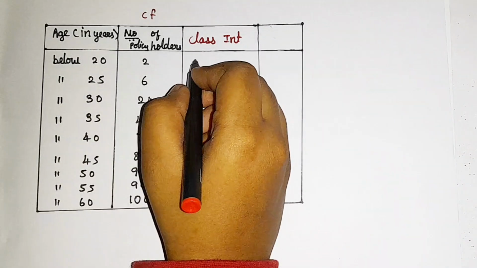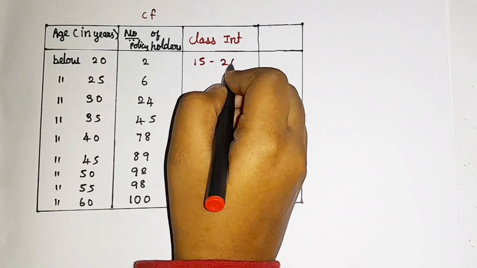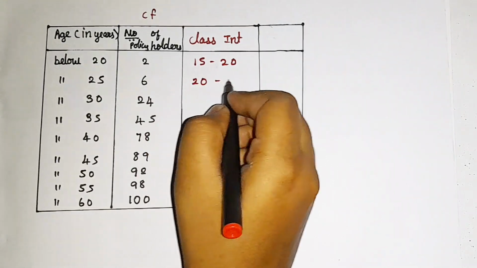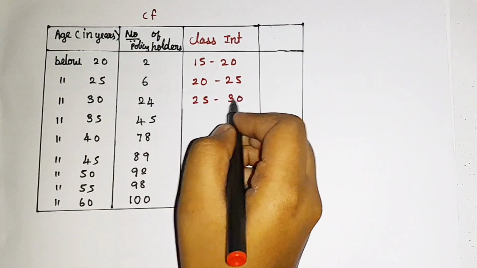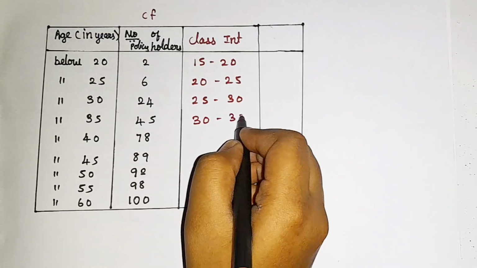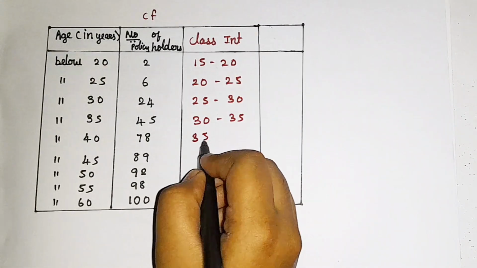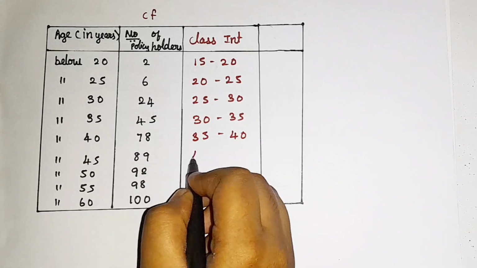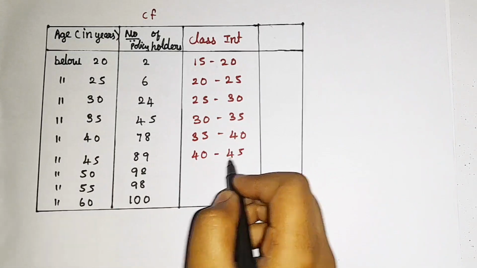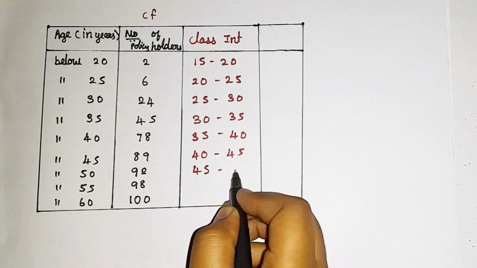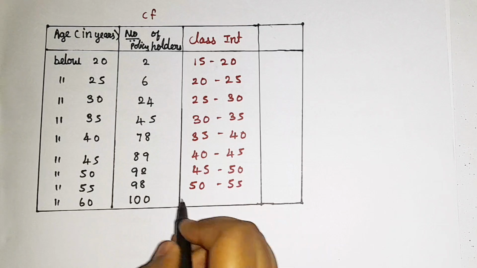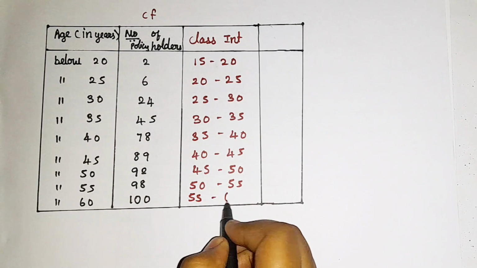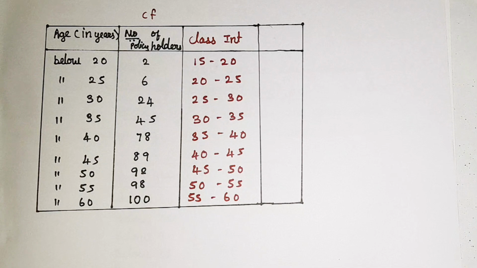So I am going to write 15 to 20 and 20 to 25 and 25 to 30, 30 to 35, 35 to 40 and 40 to 45, 45 to 50, 50 to 55 and 55 to 60. This is how we do it. This is the meaning of normal class interval.